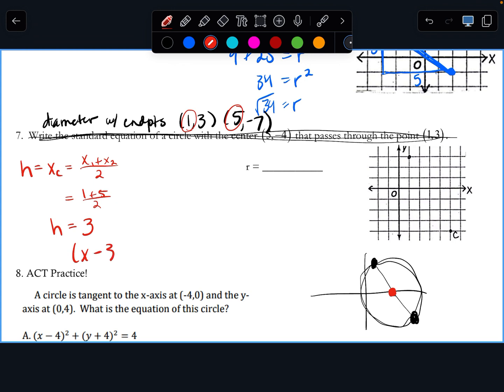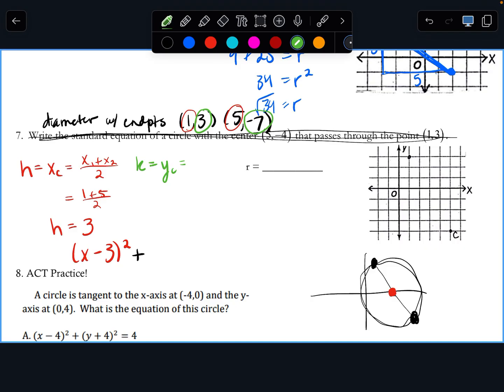So this is going to be x minus 3 quantity squared plus, and now I'm going to find k, which is the y coordinate of the center. So again, how do I find the middle of stuff? I average.